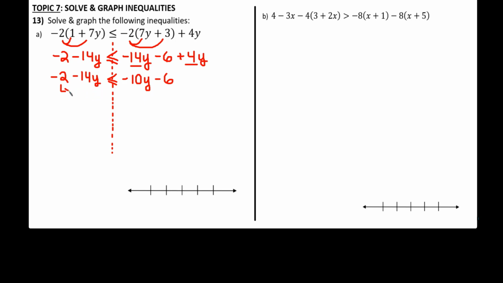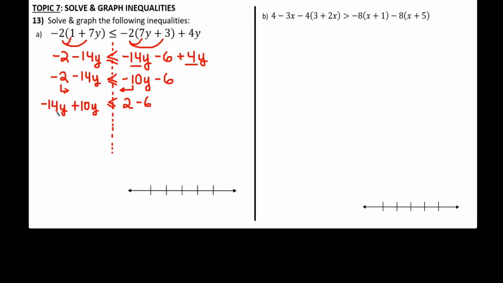The 2 does not have a letter, so we're going to move. It becomes positive 2. The negative 14, we're going to bring it down. Negative 10 is on the wrong side. It needs to move, so we're going to send it and becomes positive 10y. And the negative 6, we're going to bring it down.